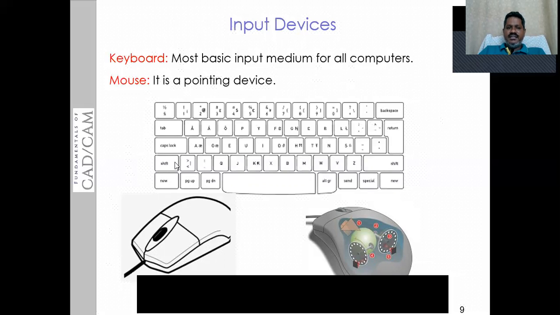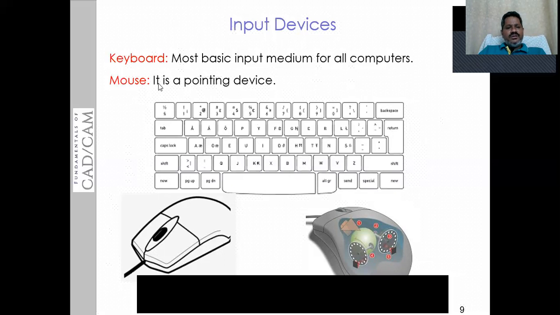Keys are provided on a flat bed, on which you have the alphabets and numbers. Then we have special keys with special symbols. Then you have the arrow keys and other keys to control the cursor on the screen.